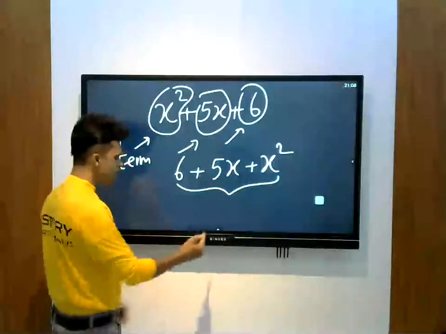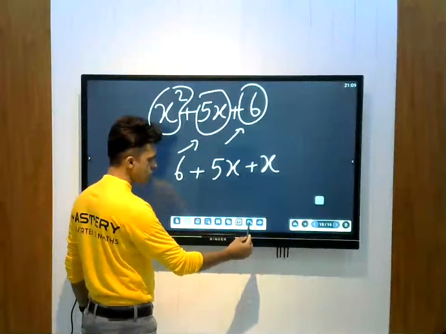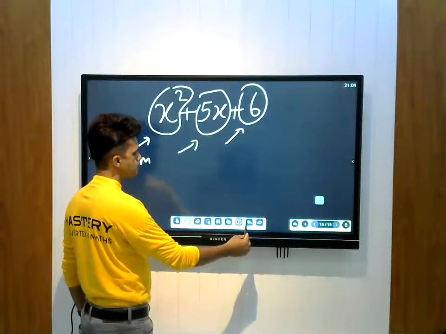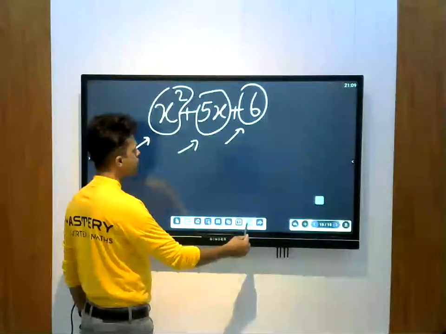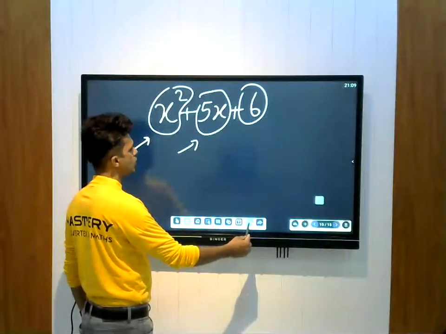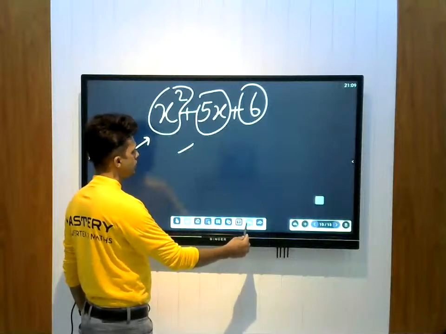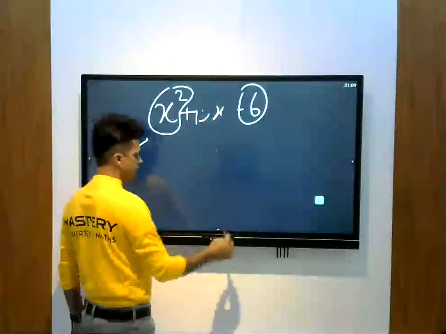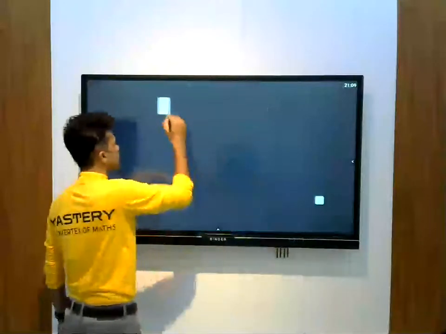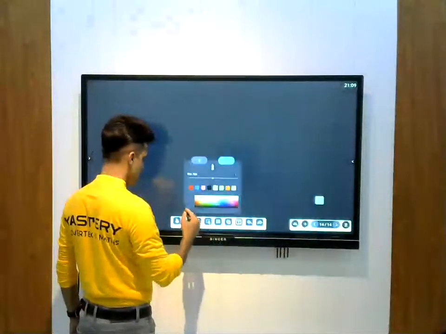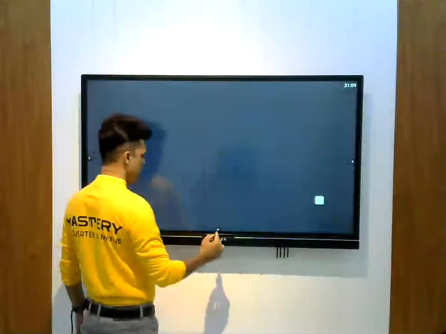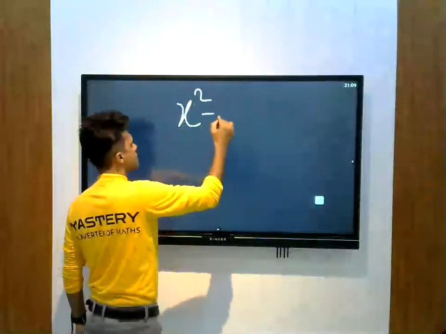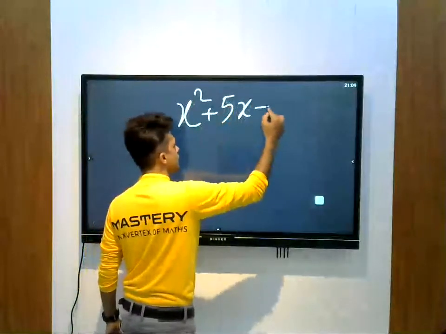When it comes to a quadratic expression, again I will explain this to you. You know that there should be three terms of a quadratic expression. Let's do this one: x square plus 5x plus 6.